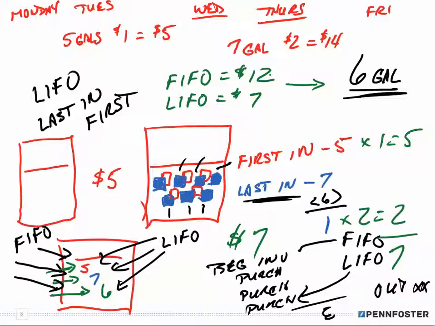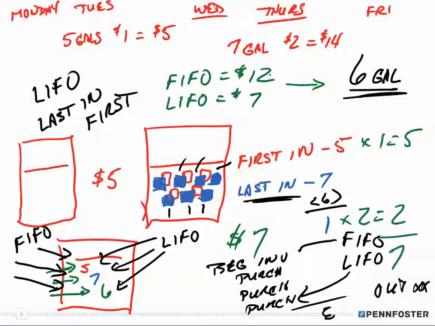Using FIFO, the first ones in are the first ones out. And again, this is about how you want to present the information on your financial statements in order to be able to do an analysis of your financial position. When you think about FIFO, generally things that you bought in the past are cheaper than what you buy today. So if the things in the past were cheaper and you took them out, then obviously what you have today is more expensive because it cost more.